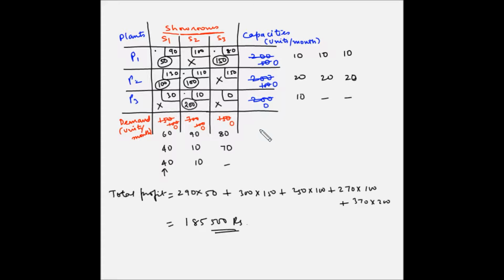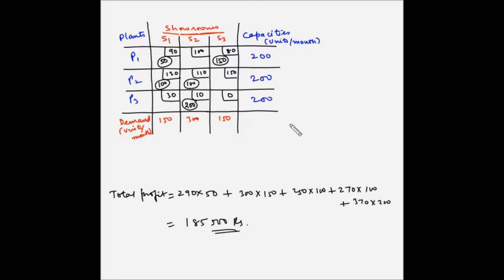So let me rewrite the basic initial feasible solution and we'll proceed with the acceptability test then. For the acceptability test, the first condition is that the number of allocations should be equal to m plus n minus 1, where m is the number of rows and n is the number of columns.